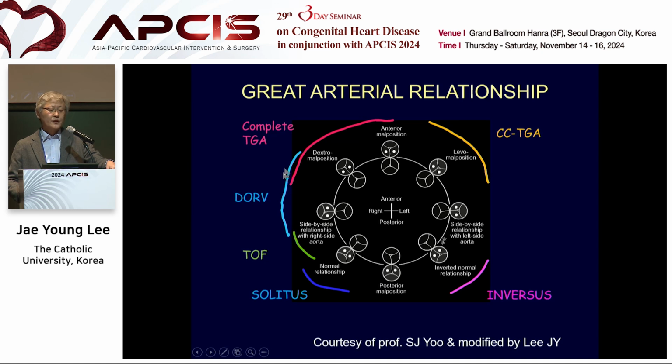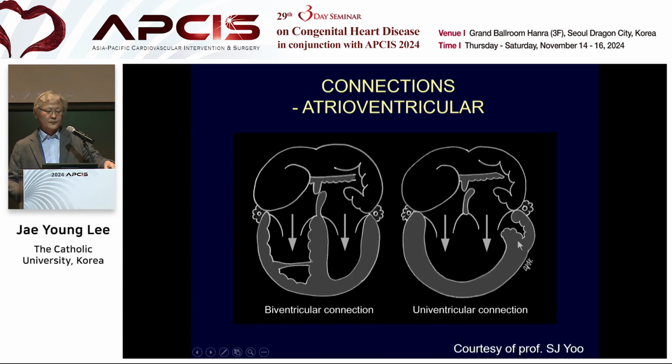In cases of DOLV, more overriding, side by side or right anterior in various kinds of DOLV. In complete TGA, usually right anterior. Corrected TGA, usually left anterior. So this is inverse position. So we can describe great arterial relationship like this.